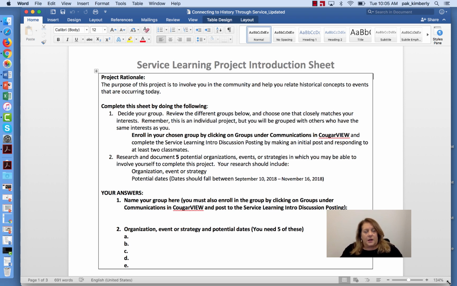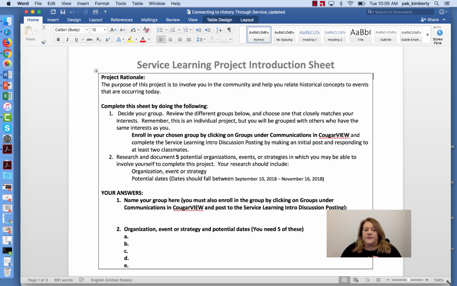Okay, that's individual, unless you choose to. But you will converse with these people that you are in the group with. So the first order of business is to choose your group and enroll yourself in groups. Now you do this, enroll yourself in a group through the communications menu, and I'll show you how to do that in just a moment.